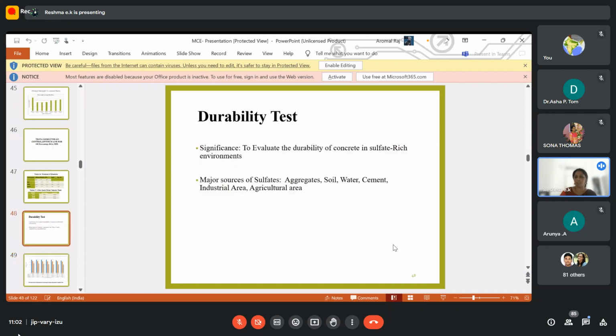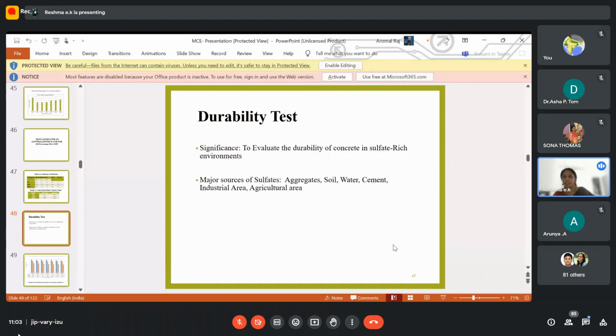Next, the main thing is durability studies. One very important thing is, when I was giving my comprehensive viva, I had an idea that I have to do a durability test.